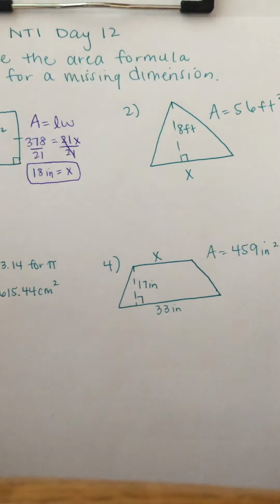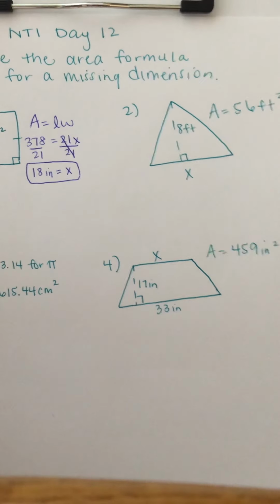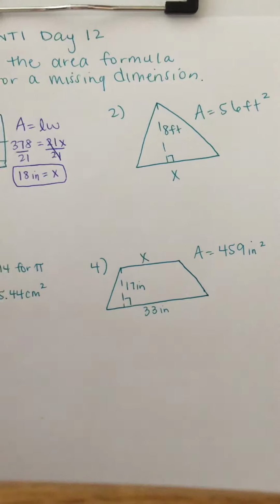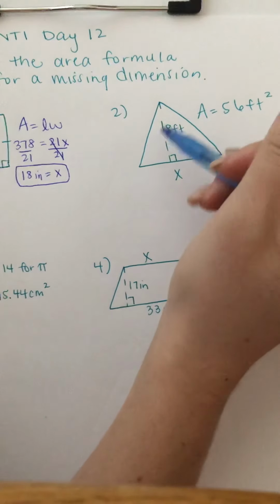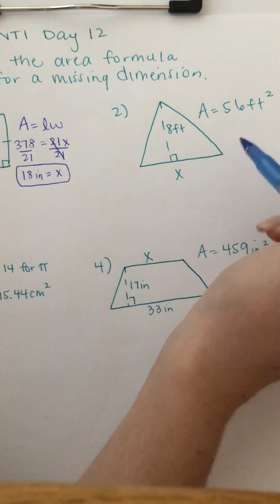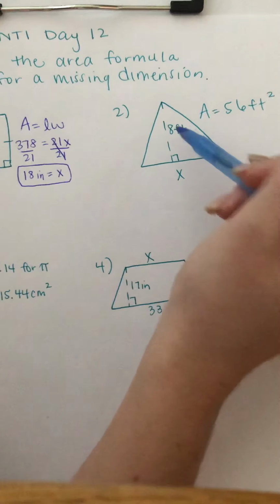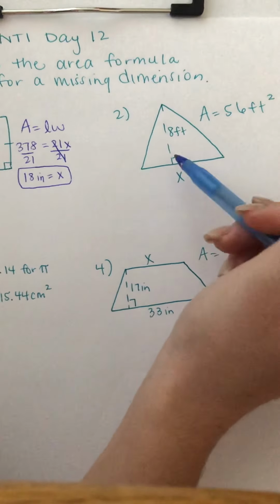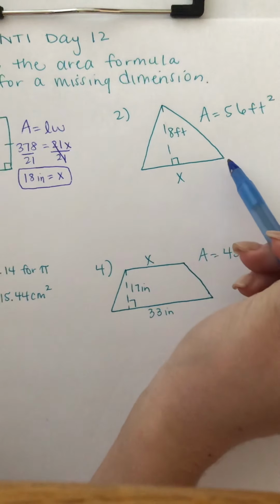Okay, number 2. Number 2 is a triangle. We're being given the area, we're being given the height, and we're actually solving for the base here.